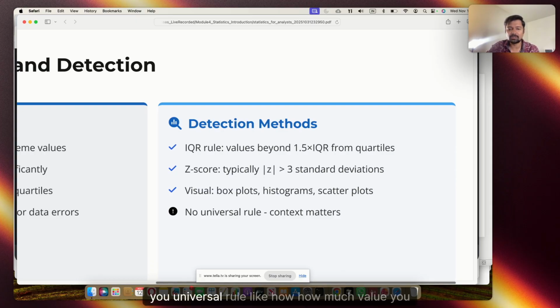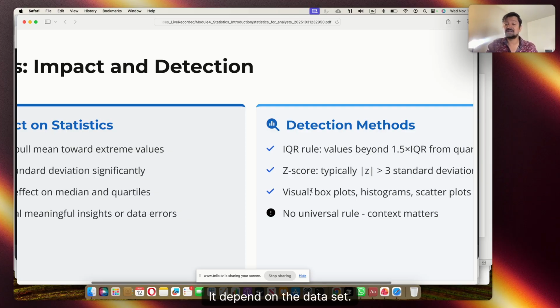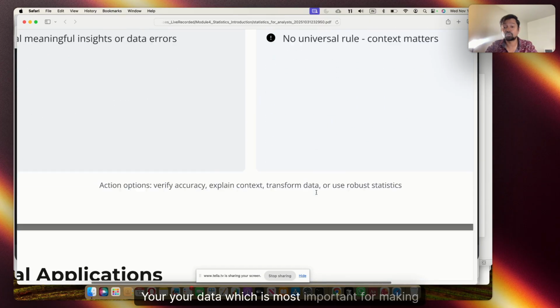There is no universal rule for how much value you should put as an outlier. It depends on the context, it depends on the data set, it depends on what you would like to explore and how much that outlier can impact or inflate your data, which is most important for making decisions.